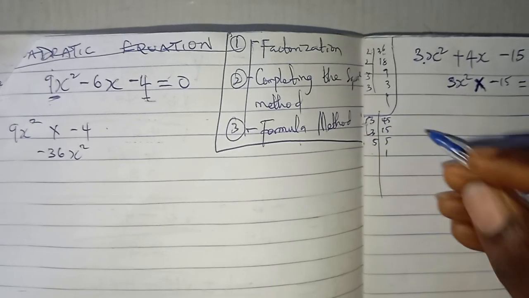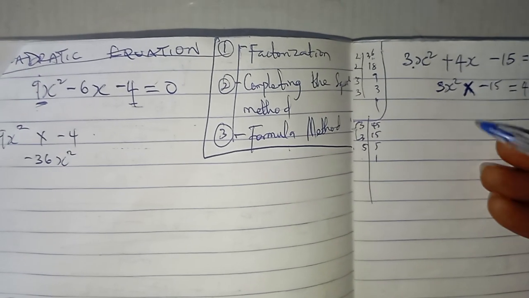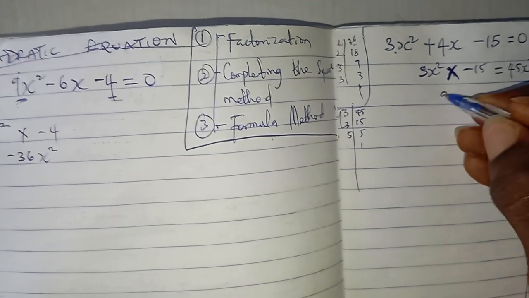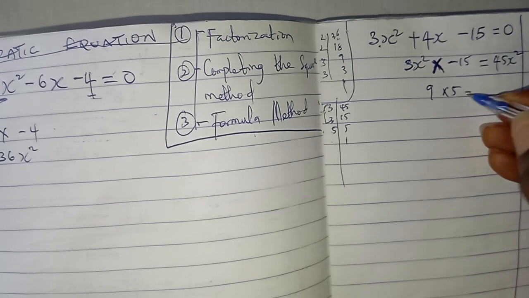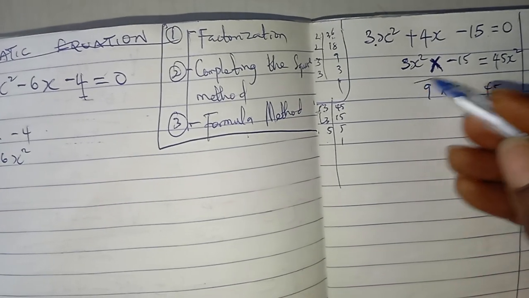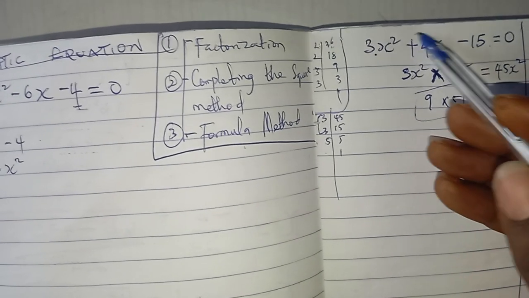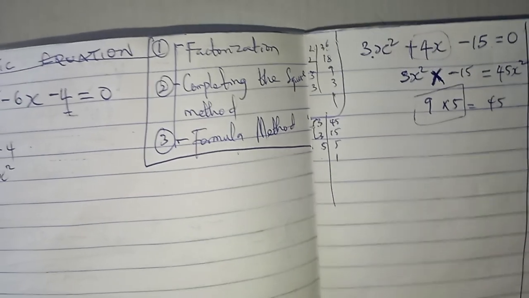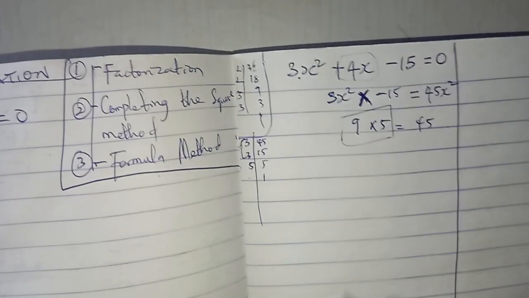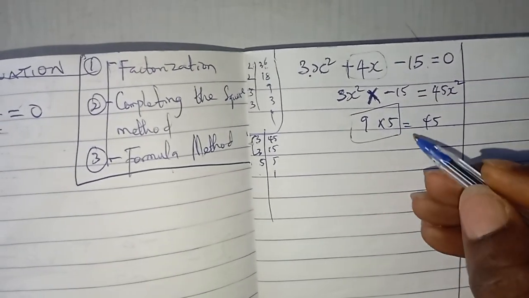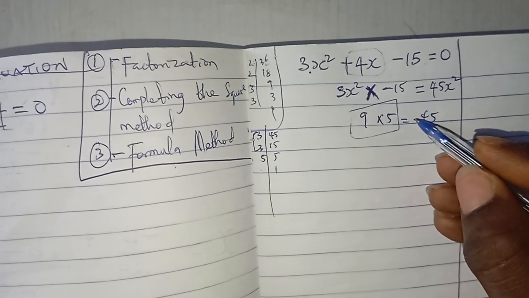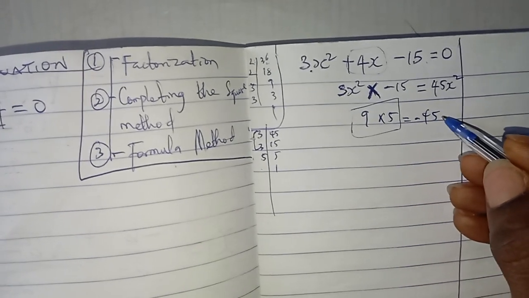I can use 9 and 5, because I'm looking for something that, if I multiply 9 times 5, gives me 45. I'm looking for something that, put together, can replace the middle term. We're always looking for ways to replace the middle term. Remember that it is minus 45x squared that we need to have.